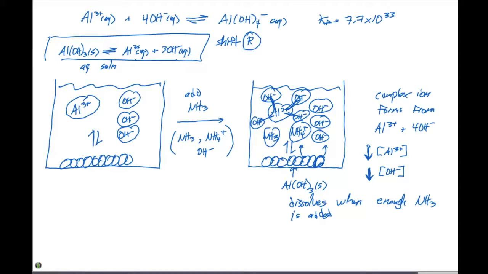Because the moment that this aluminum comes into contact with any of these hydroxides, since this Kf right here is so high, it's going to immediately form a complex ion. And that will drastically influence the solubility.